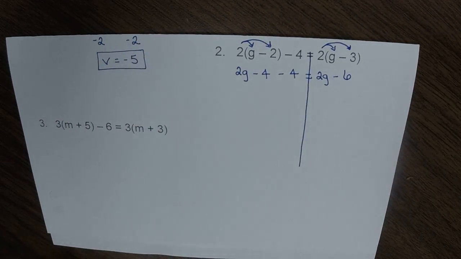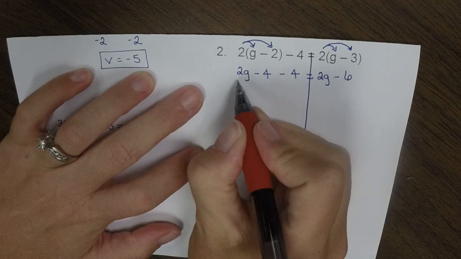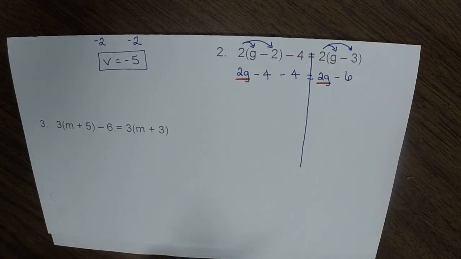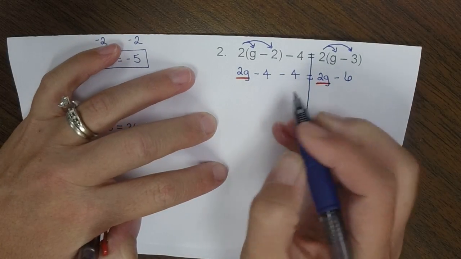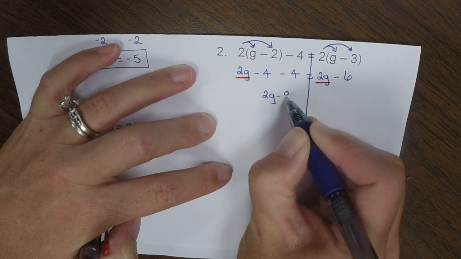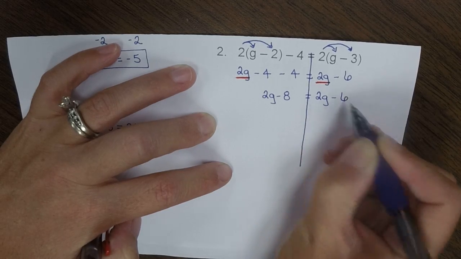Now, this is that telltale sign that I was telling you to look for. If you notice, I have a 2g and a 2g, and there's no other variables. So once I simplify by putting these together, I have 2g minus 8 equals 2g minus 6.